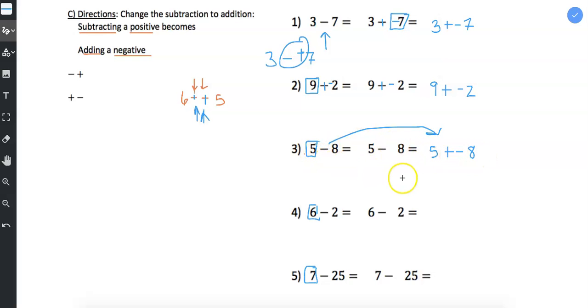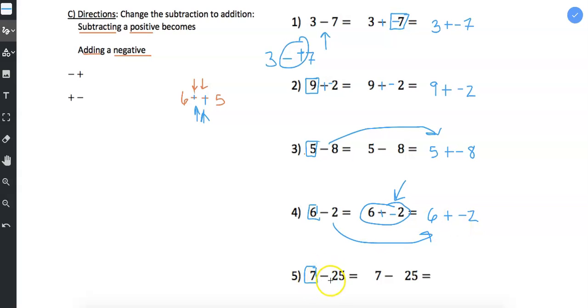So you're skipping right over the work and just realizing that these two are equivalent. 6 minus 2 is the same as 6 plus a negative 2. So we're at the point where you no longer have to show your work. If it's helpful to you to show your work, then keep showing your work. But if you're ready to move from here to here, then do that.